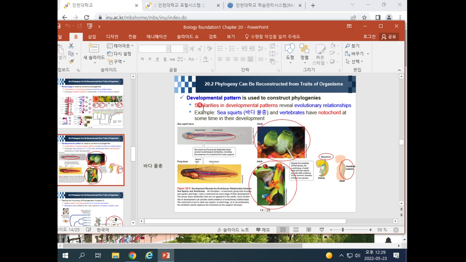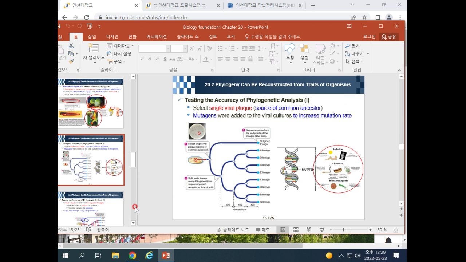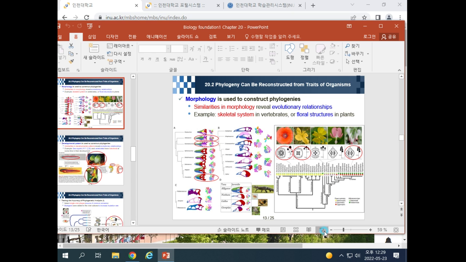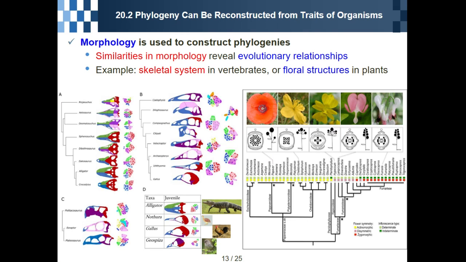Second, developmental pattern. Okay, first, let me start with how to construct the phylogeny. We are always based on the morphology. So similarities in morphology reveal evolutionary relationships.